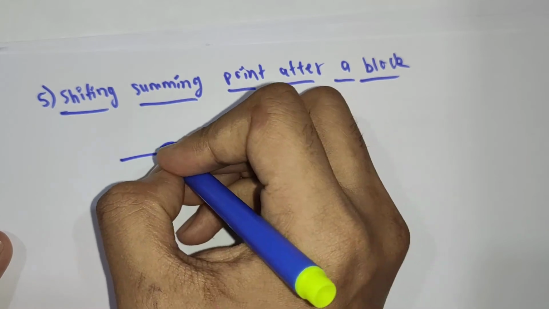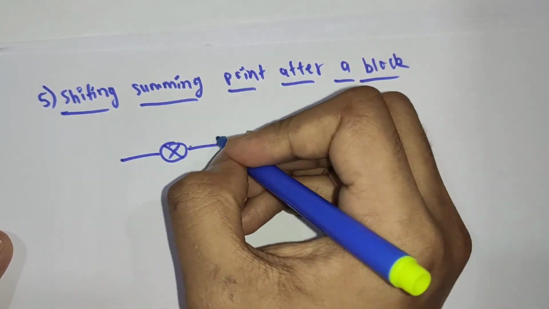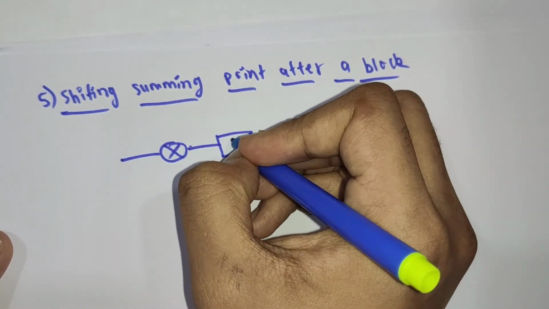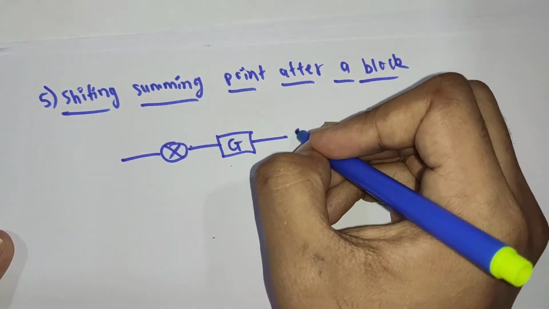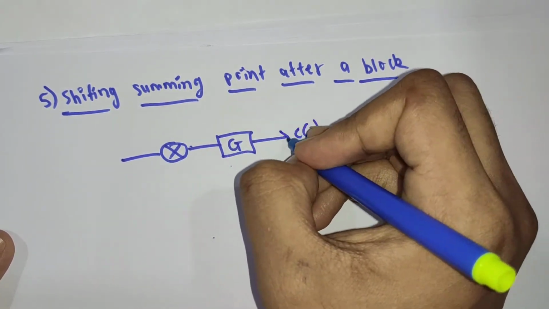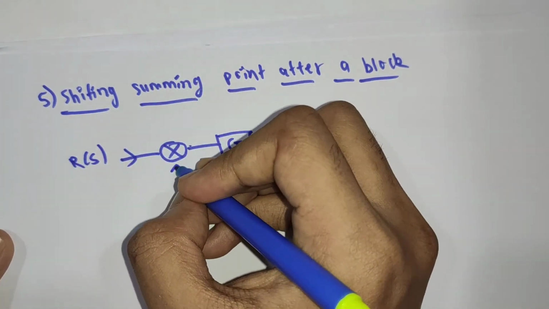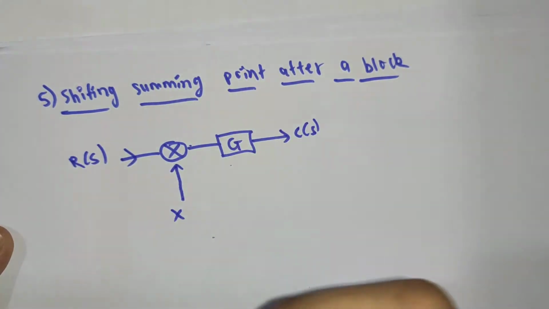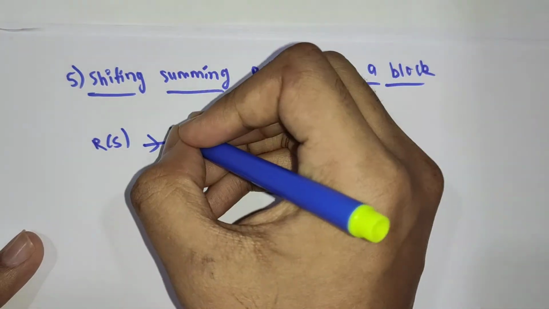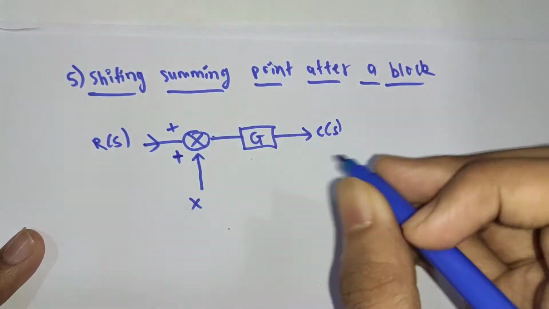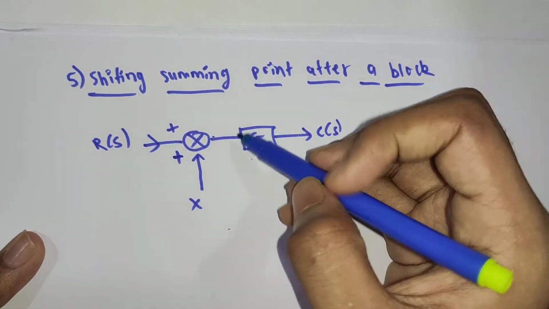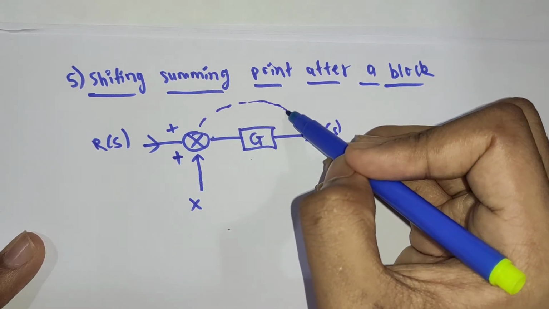So now you have to shift it after a block. So let here be a summing point, the block with the gain G, the output C(S), the input R(S), and a signal connected to the summing point. Now we have to shift it after the block.